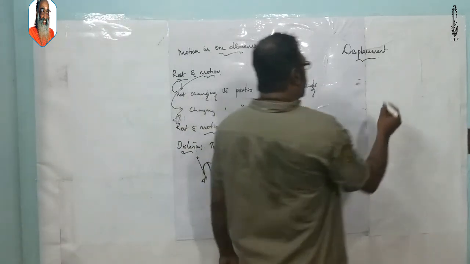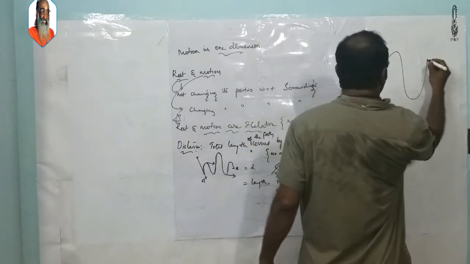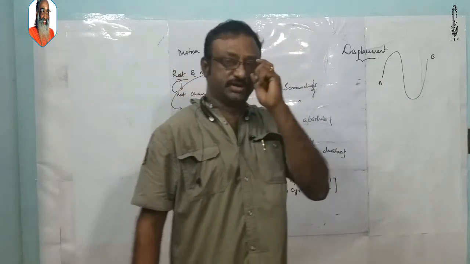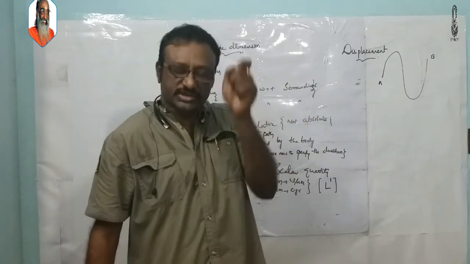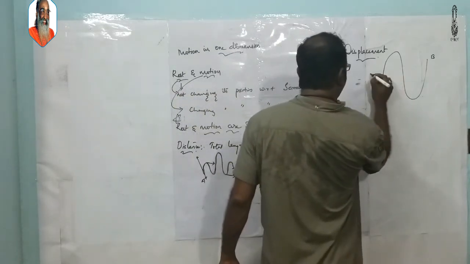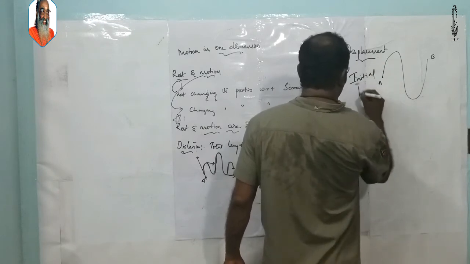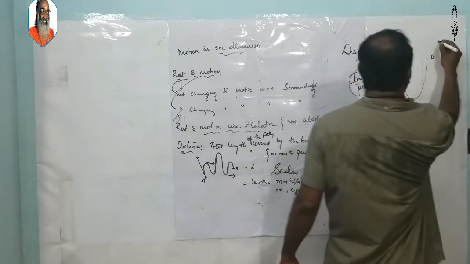Means here, suppose a body is starting from A and it is moving to B. When you are talking about the displacement, you should not consider wherever the body is moving. Just consider the initial position and the final position.